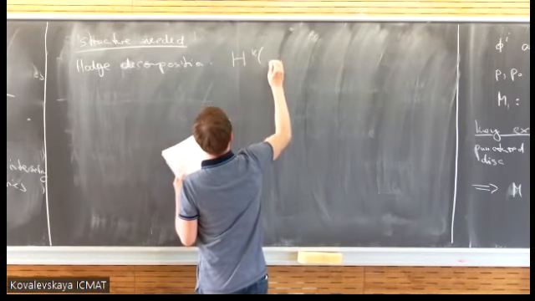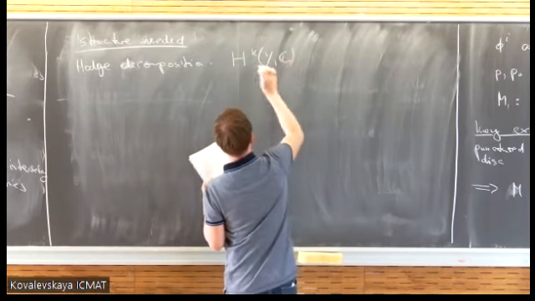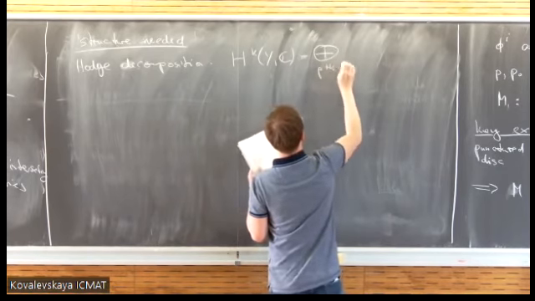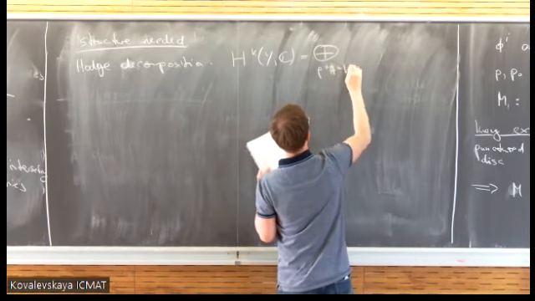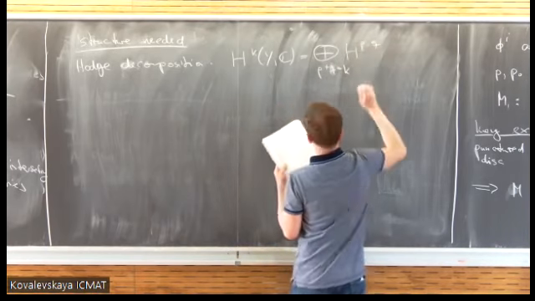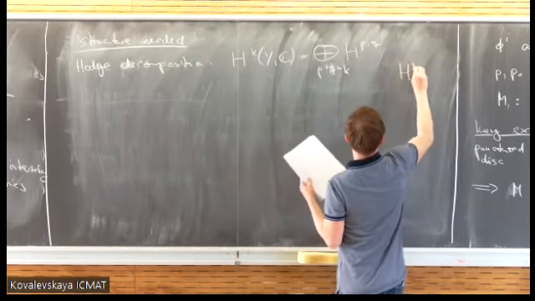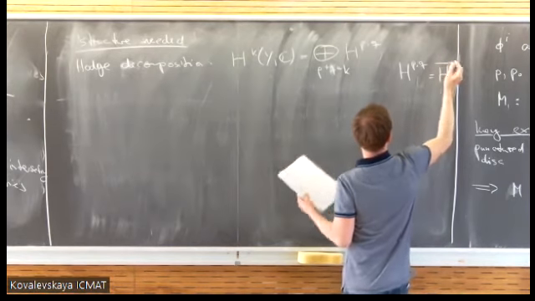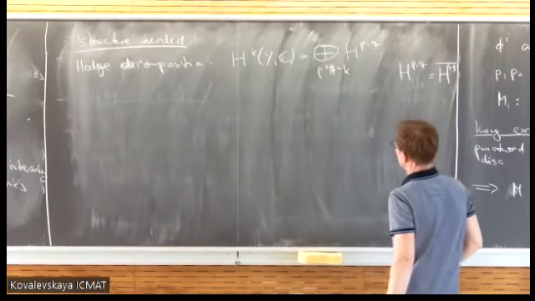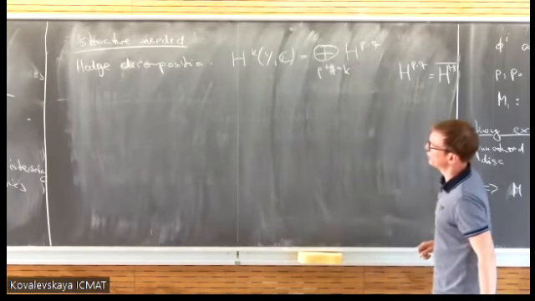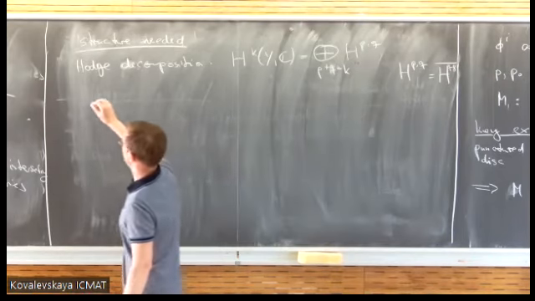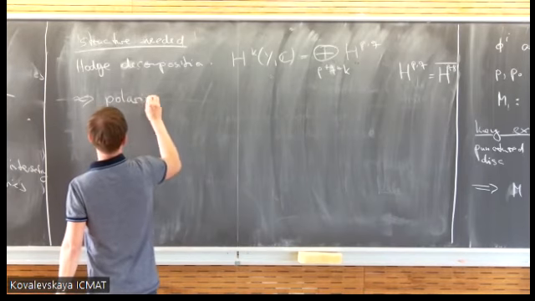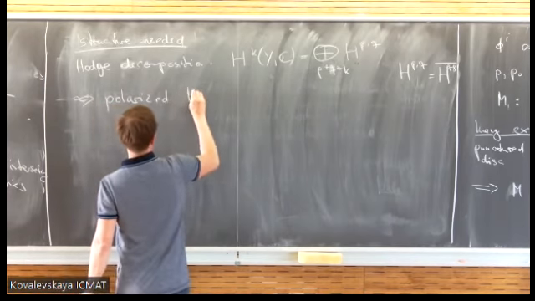And so I can decompose the cohomology group into a direct sum of H^{p,q} spaces like this. And these spaces have certain properties. And in fact, what you can show, and you will see this in the next lecture, is that this is actually a polarized Hodge structure.